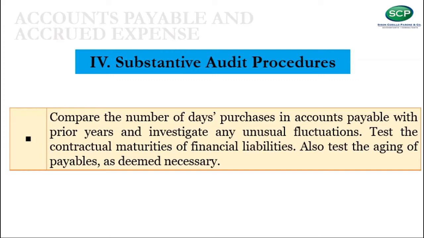Medyo confusing siya pero that is essentially yun. So yung age ng payable, gano'n na siya katagal sa libro. Whereas yung contractual maturities is kailan nila babayaran, ini-expect na bayaran yung liabilities na yon.